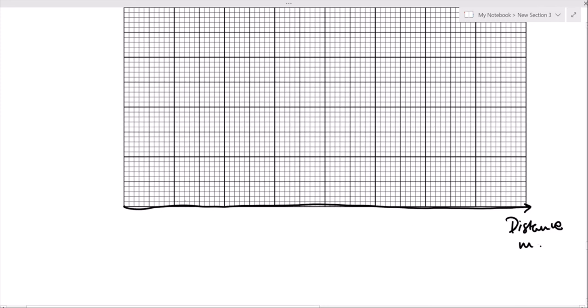That's 1, 2, 3, 4, 5, 6, 7, 8. We can have it till right here. So that's going to be 200, 400, 600, 800, 1000, 1200, 1400, and this is going to be 1600.